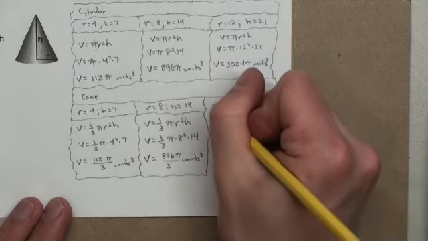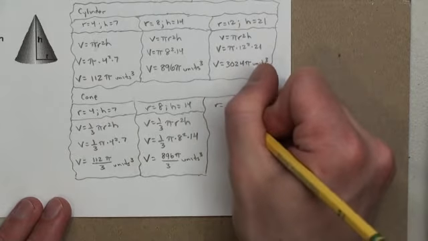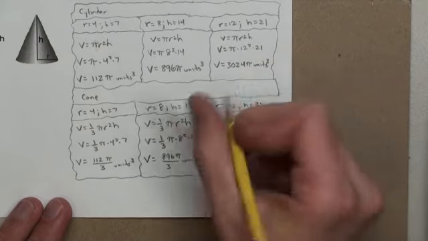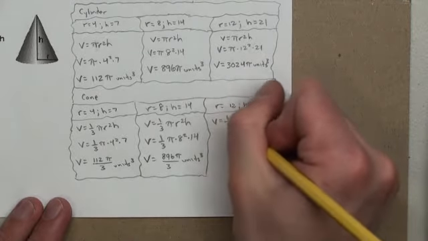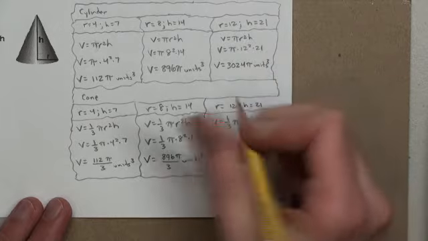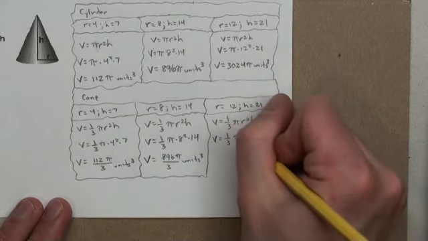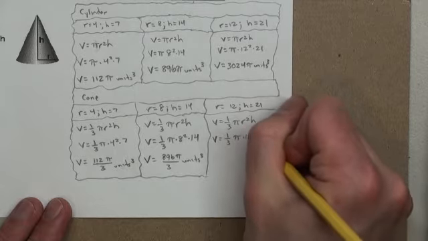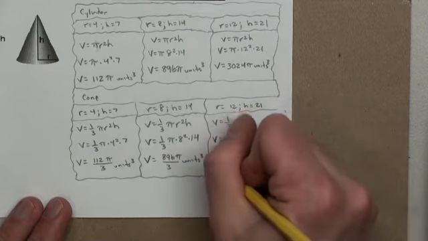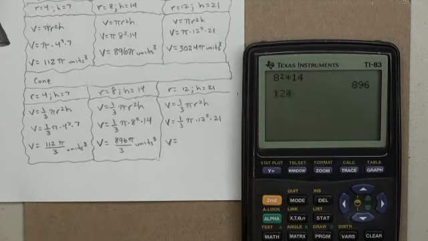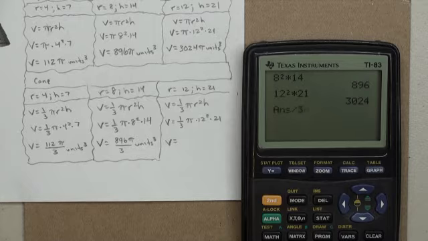One more to go. This time the R is 12 and the H is 21. 1/3 pi R squared H, 1/3 pi times 12 squared times 21. Let's see what happens with this one. 12 squared times 21 divided by 3.